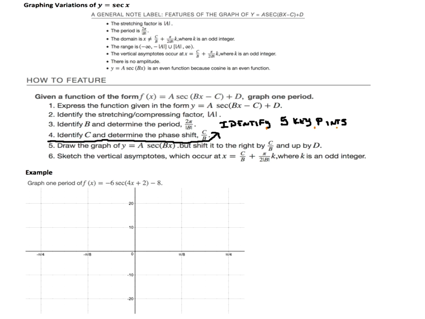Because we know the beginning of our period is one of those key points we're looking for, and the end of our period is another key point we're looking for, what we can do to begin identifying those 5 x values is take our period and divide it by 4. Remember, there were those 4 sections to it.